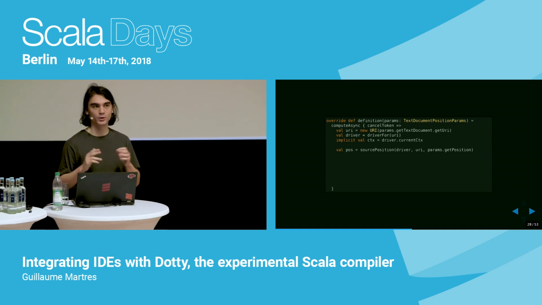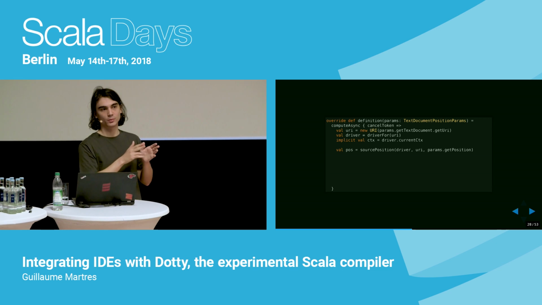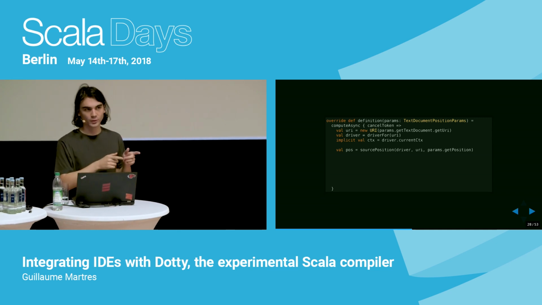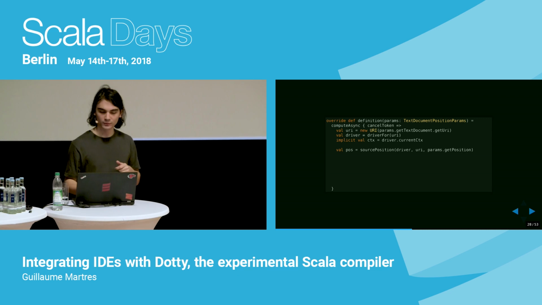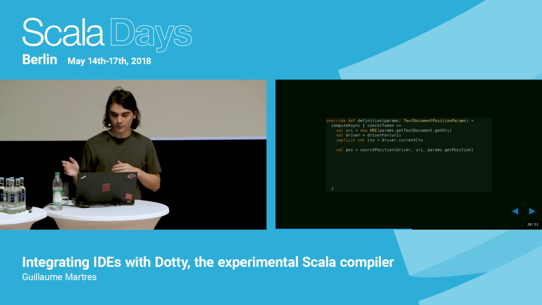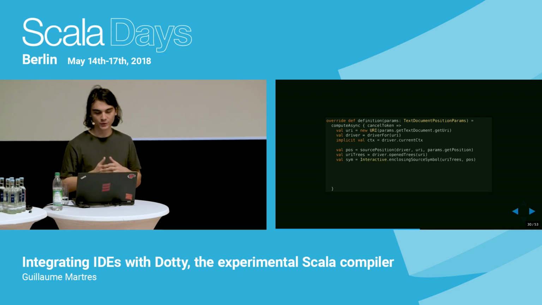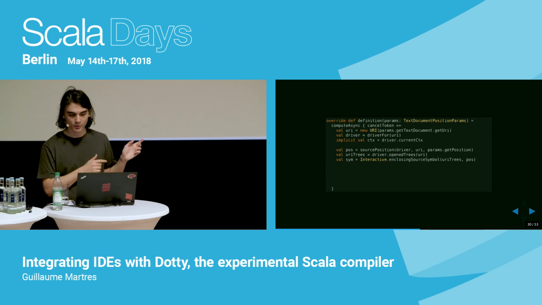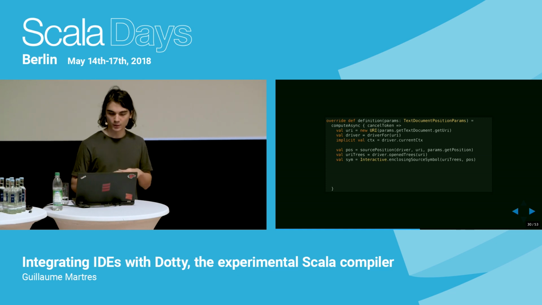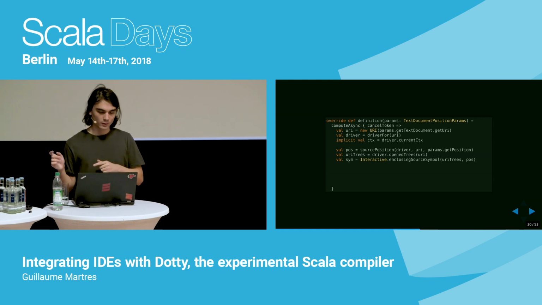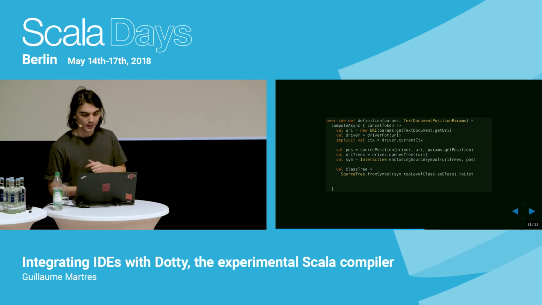Because usually in a big project, you're going to have multiple sub-compilers, because you're going to have, say, a source project and a test project. They're going to have different class paths. So you need to know which compiler to use to get the right class path. Once you do that, we can just query trees using the interactive APIs I talked about earlier to get the symbol that corresponds to the position the user is at.